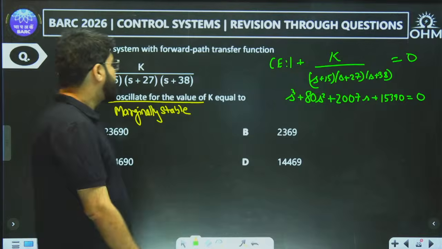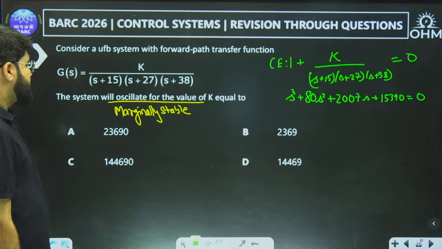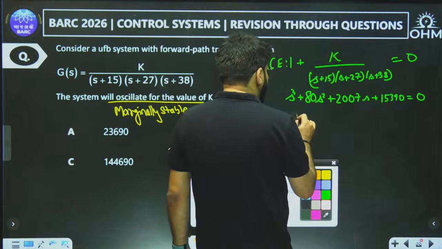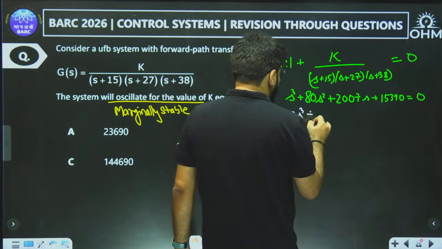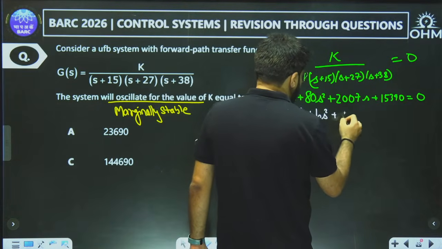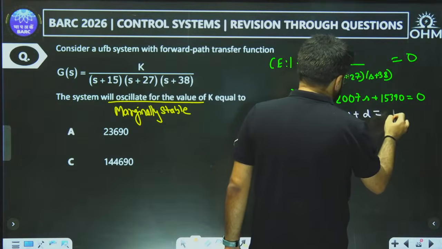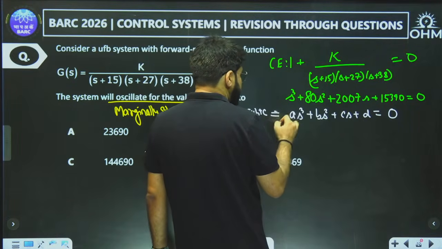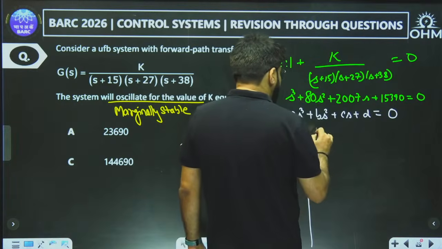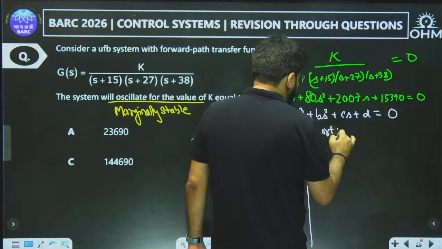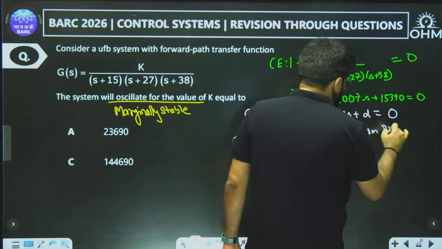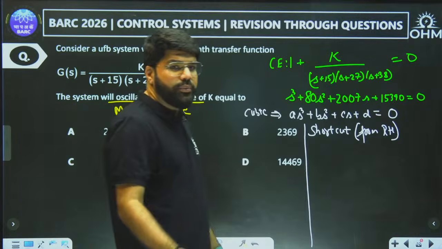The system will oscillate for what value of K? The system will be marginally stable for what value of K? Now the cubic equation shortcut: a s cube plus b s square plus c s plus d equal to 0, the general cubic equation. This shortcut comes from the Routh-Hurwitz criterion only, but cubic cases are common.